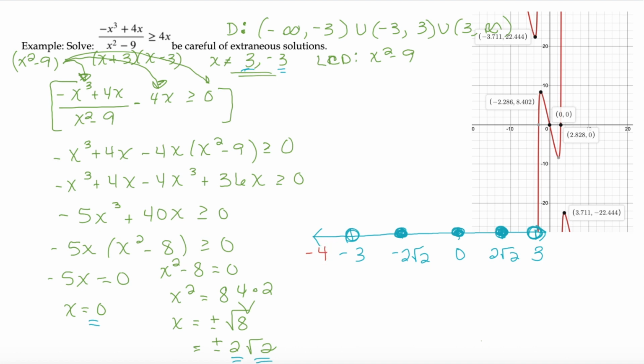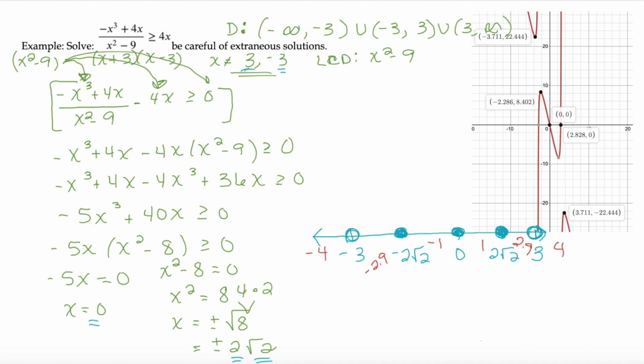Negative 2 square root 2 is approximately negative 2.28, so in between we have a very small window of negative 2.9 in between. I can use a test value of, let's say, negative 1 here, positive 1 then, and then 2.9 here, as well as 4.